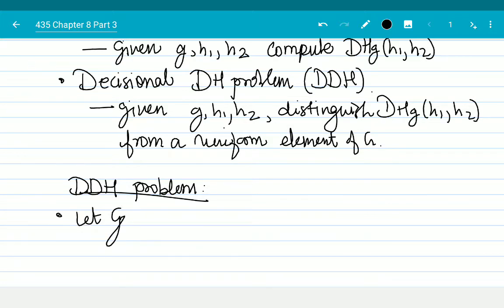Let G again be a group generation algorithm.